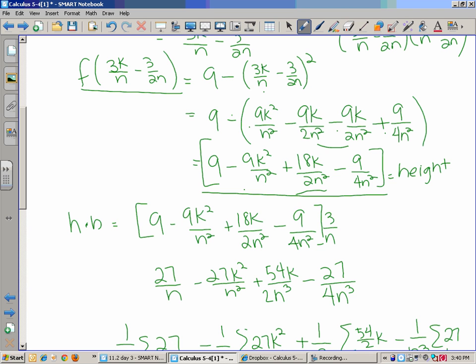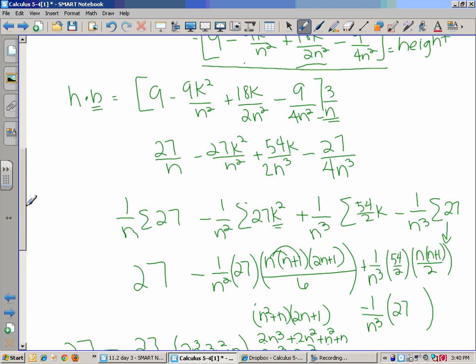I then take that number and multiply that by the base, which is 3 over n. Oh, okay. So then I get this k squared over n cubed. Oh, that's where I dropped it. See, I had dropped it somewhere.